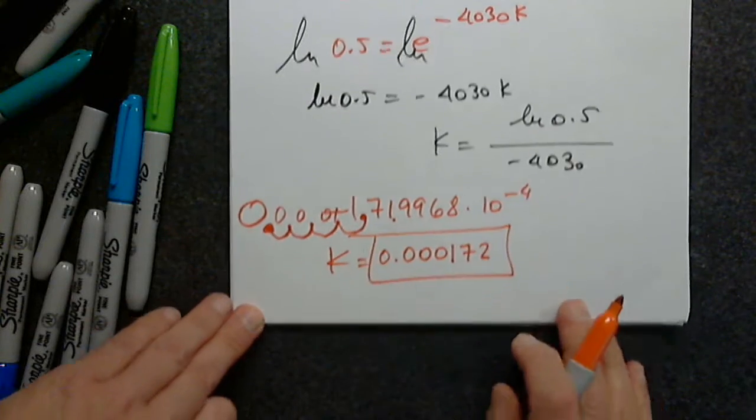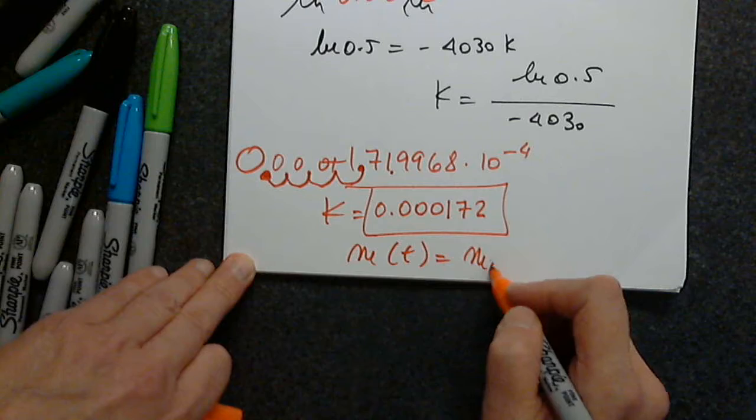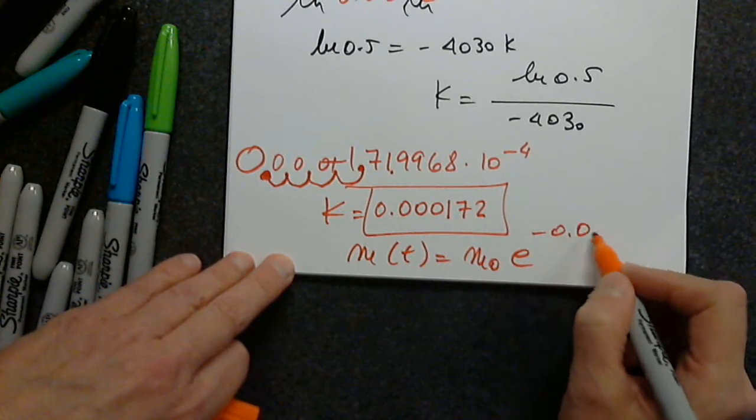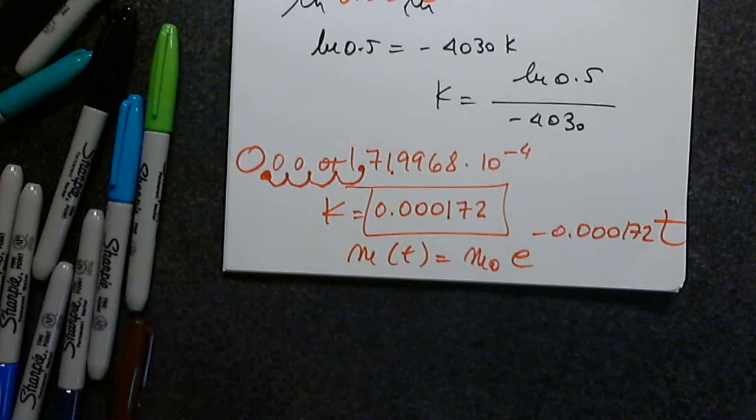That's our K. So the model looks like this: e to negative 0.000172t. So for whatever radioactive substance that is, the model will be this. Very good problem. Thank you.